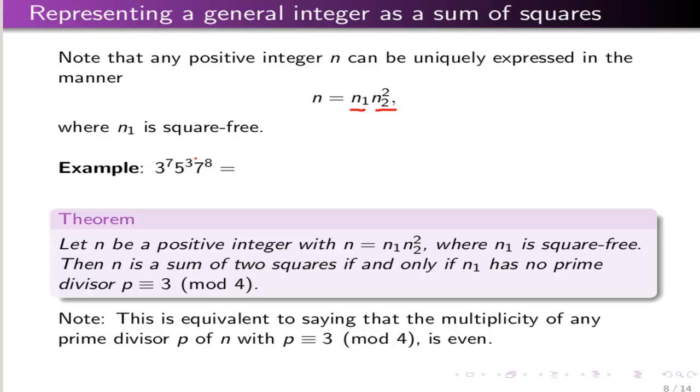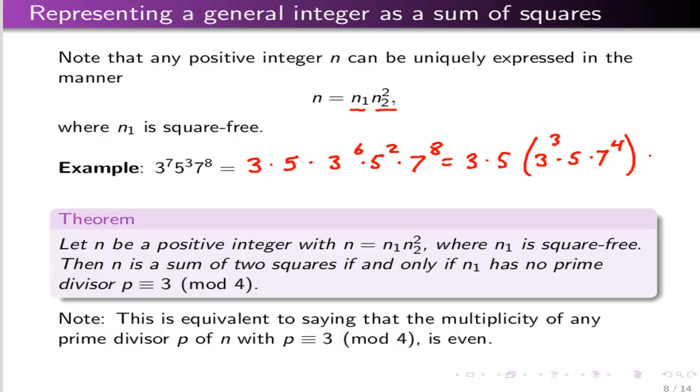Whenever you have an odd exponent, you pull off one of those factors, and that would leave you with a bunch of even exponents like this. And then for the even exponents, you can represent them as a perfect square, like that. Okay, so that's a very simple idea.